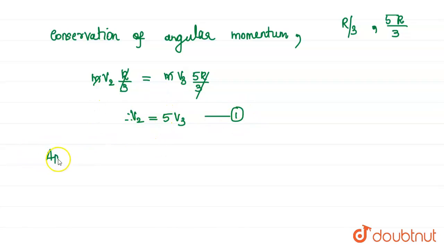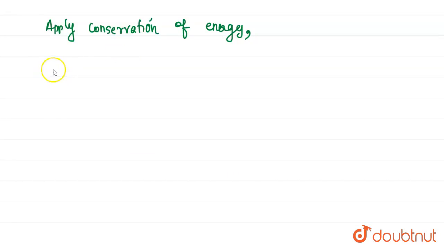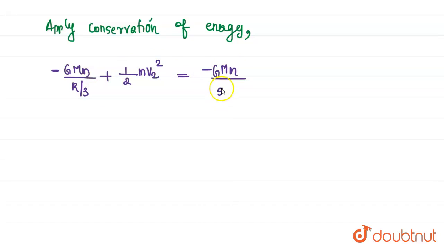Now, we need to apply conservation of energy at both positions. On applying conservation of energy, what is the potential energy? Minus GMm at r by 3 plus the kinetic energy, half m v2 square, is equal to the potential energy at the maximum point, minus GMm by 5r by 3, plus half m v3 square.